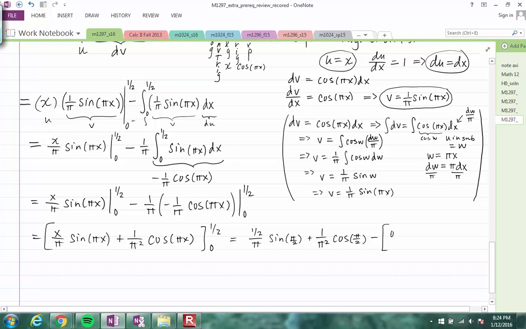So we're going to have 0 over pi times, and then we don't even have to be too careful about this because this is going to be 0 since it's times 0. And then we have plus 1 over pi squared times cosine of pi times 0. We're getting there.